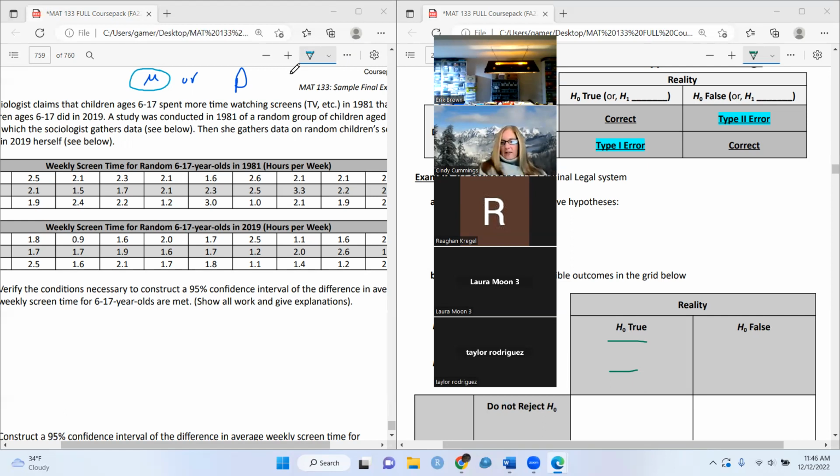So again, if we follow our chart, if you go down to your first box, if H0 was true and you do not reject, so H0 is true and you don't reject it, right here it says that is a correct decision. So you need to write correct decision in there.